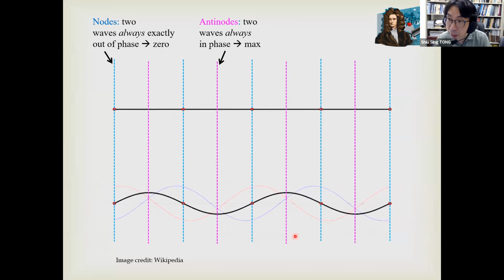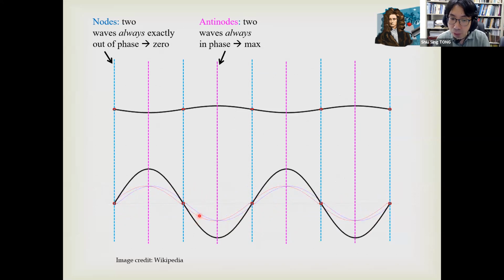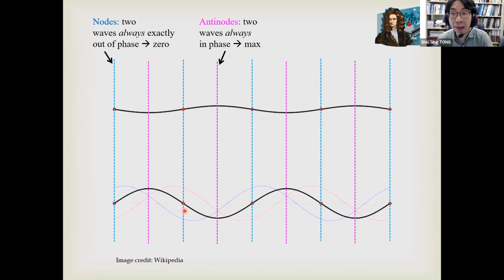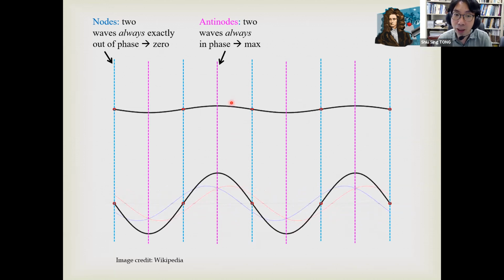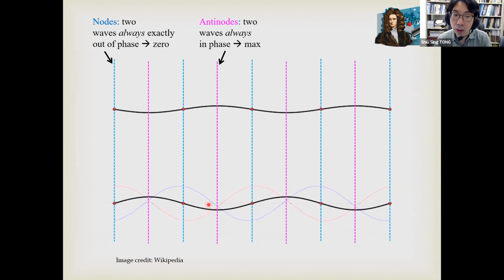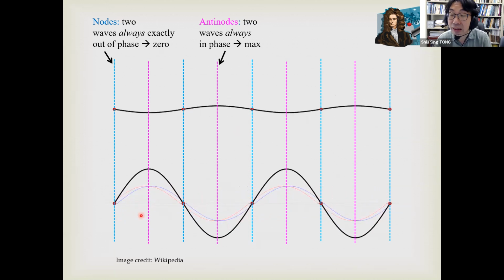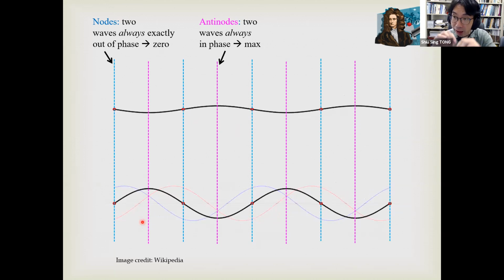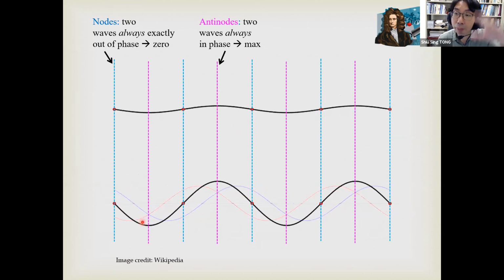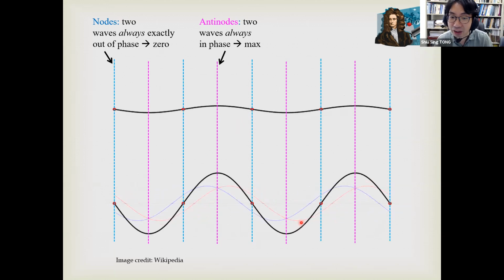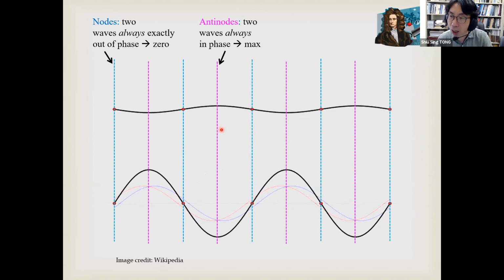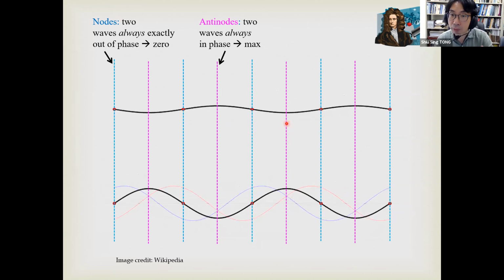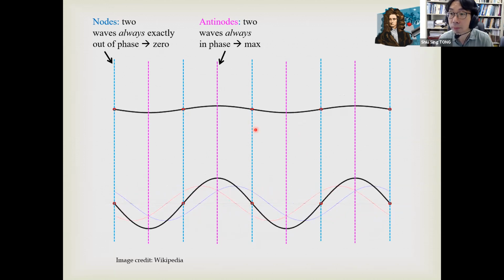When they superpose with each other, you can see there are points at which the two waves are always in antiphase, and that becomes the node. And you can also see there are points in which the two waves are always adding up in phase, and that becomes the antinode. So by examining this figure, you can see why there are static positions of antinodes and nodes.